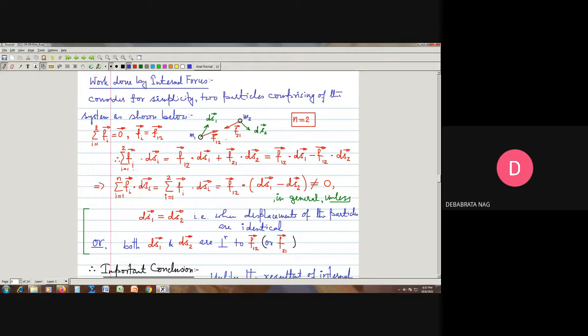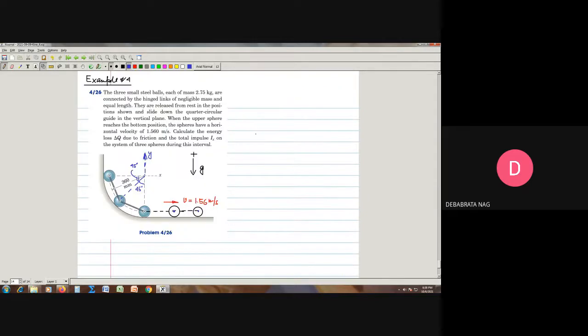If we consider the two particle situation, the total differential work done is the common internal force between these two into the difference in the displacements of the 2 points.